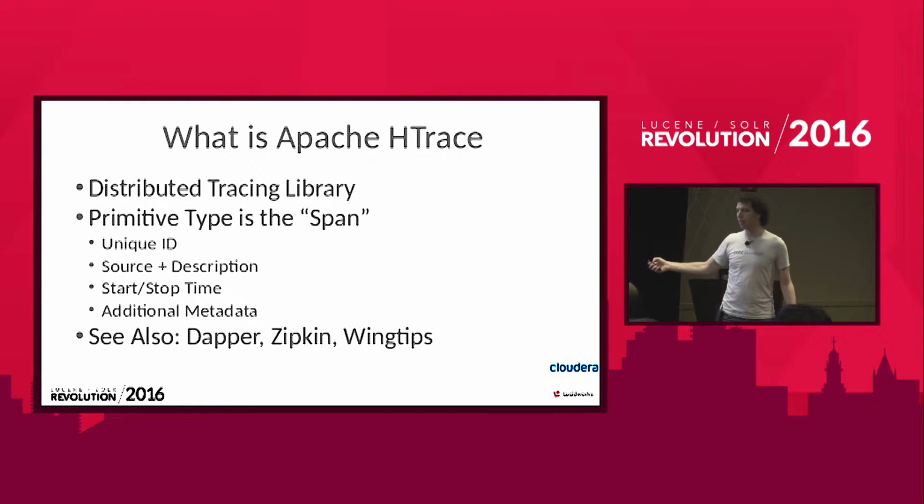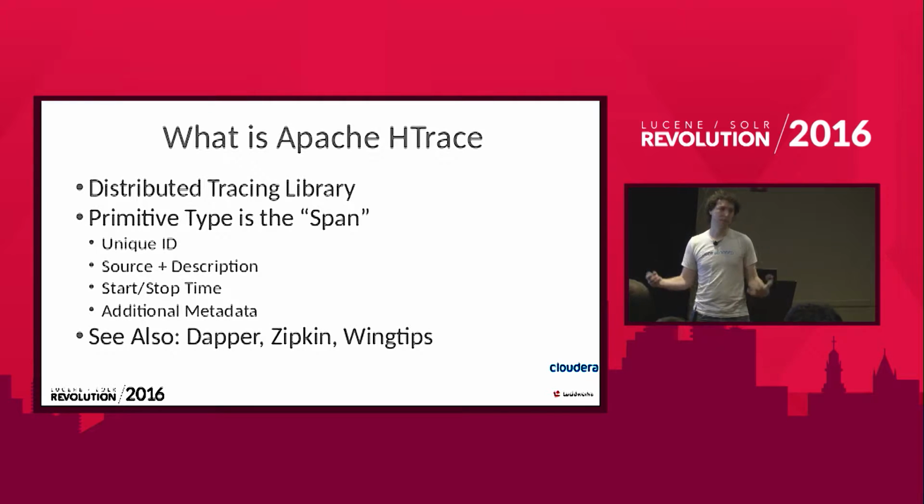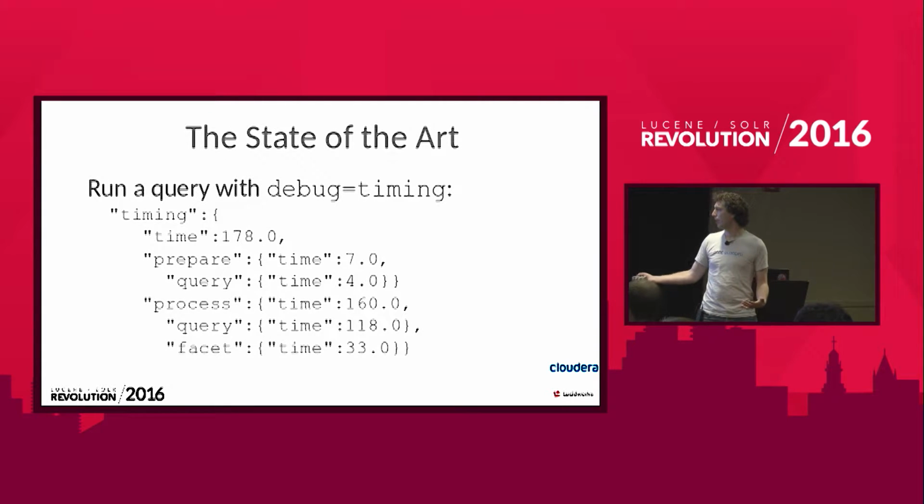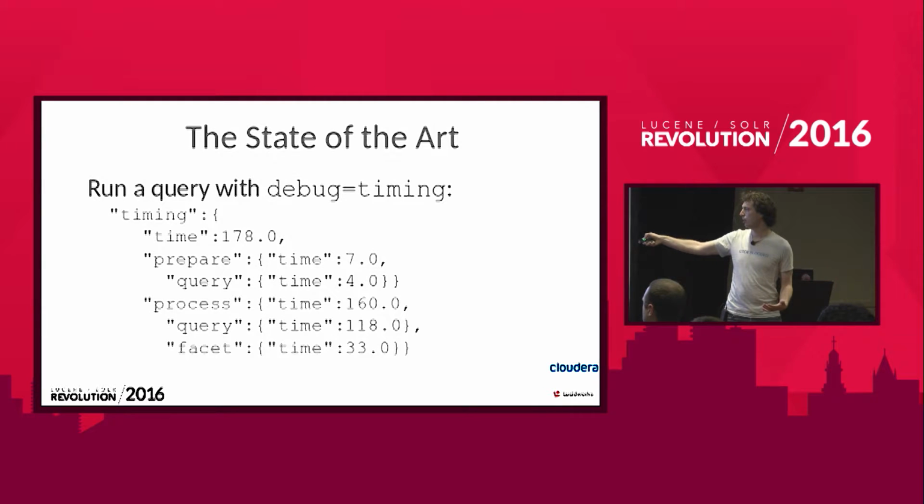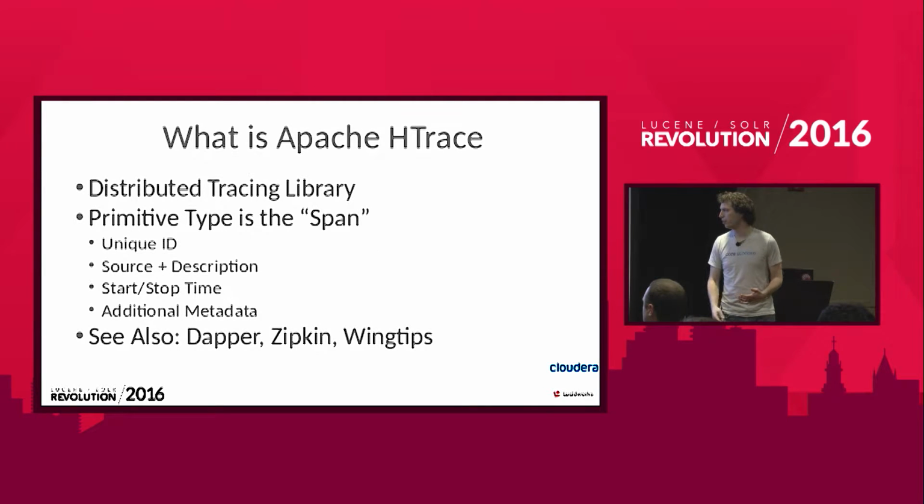So what are we doing that's different? What is Apache HTrace? It's a distributed tracing library, and the primitive type is the span. So instead of this whole aggregate thing, we're going to go to a different kind of measurement where it's a span. And a span is identified, it has a unique ID.